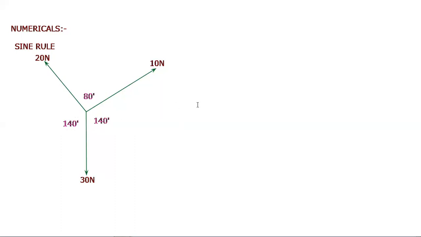Now 140 plus 140 is 280, and 280 plus 80 will be 360 degree. So a complete 360 degree angle you will get here. This is a complete circle for the 360 degree.